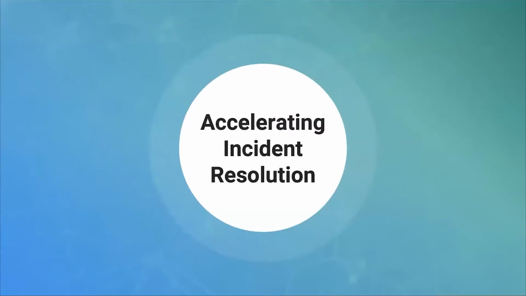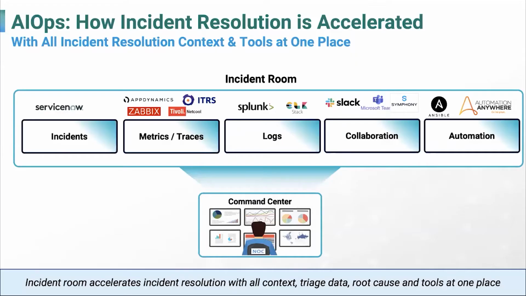Now let's focus specifically on incident resolution. I'm going to slow down a little bit to spend more time on incident rooms, resolution, and what it means to work together in a varied environment. What does incident resolution mean? It means that you are looking at a very varied environment, which could include applications, networking, storage, and security issues.